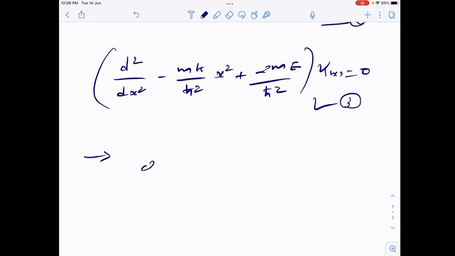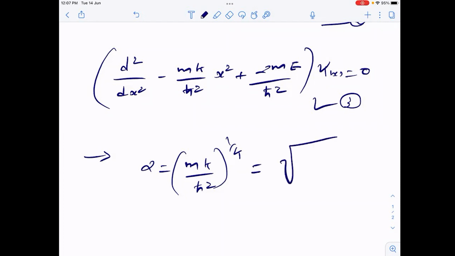So if alpha is mk upon h cut square, and if I assume its power to be 1 by 4, and if I substitute the value of k, it will turn out to be under root m omega upon h cut. What is the k? k is m square omega square, right? In simple harmonic oscillator.